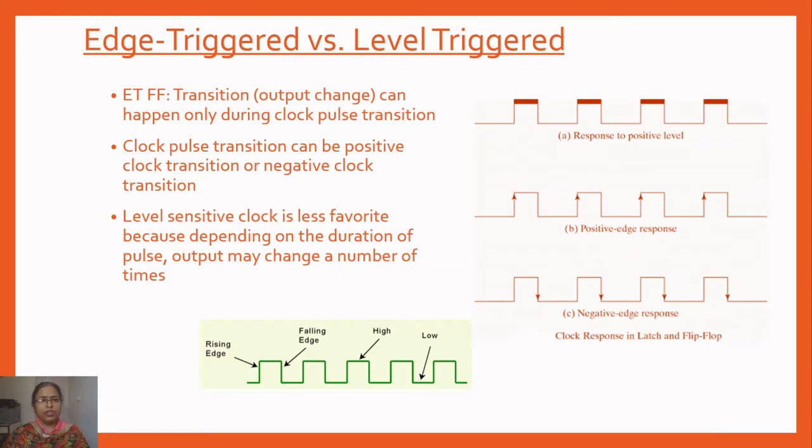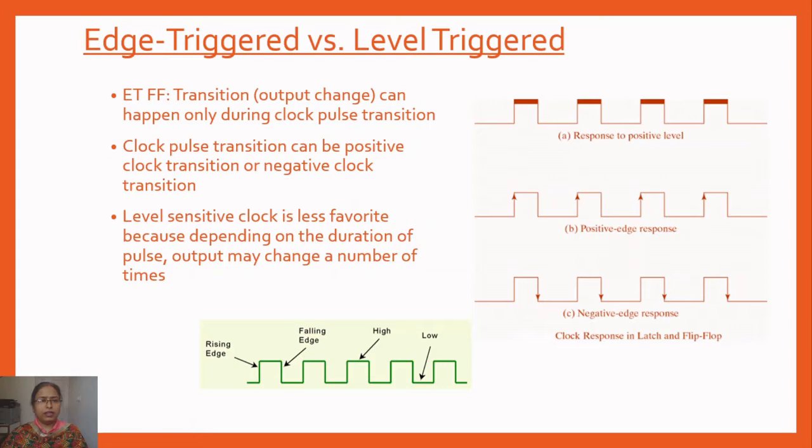Now, as we have seen the types of flip-flops, any flip-flop or sequential circuit is dependent upon the clock pulse. The clock pulse is there to control the functioning of any sequential circuit or any flip-flop.